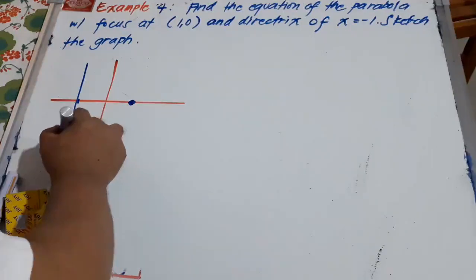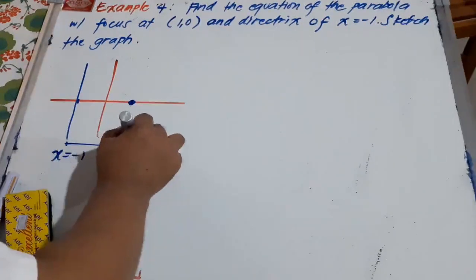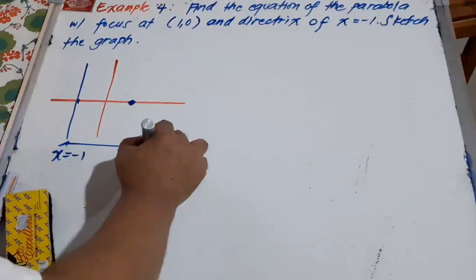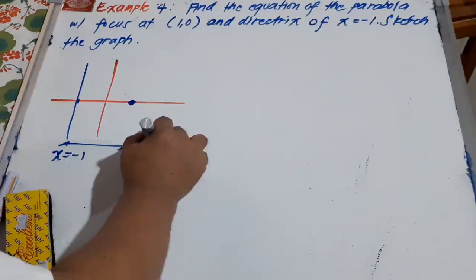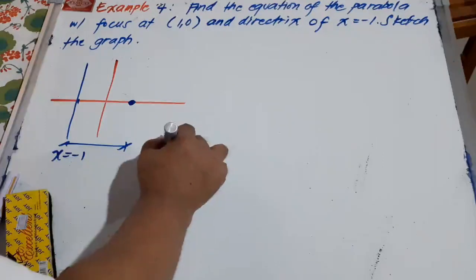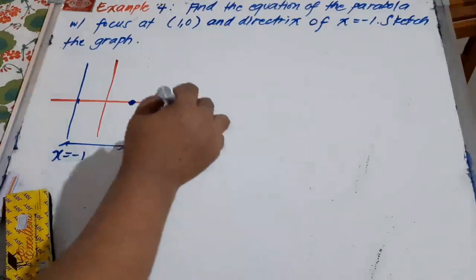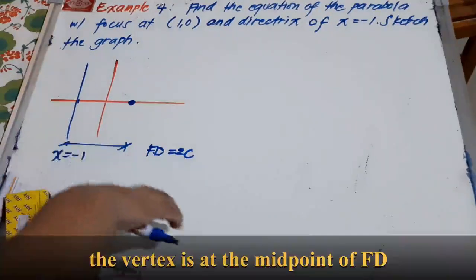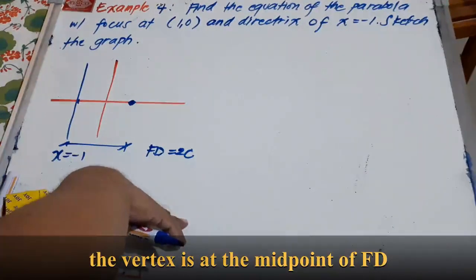So, we all know that the distance from the directrix to focus, or that is FD, is always equal to 2C. Okay? Laging 2C yan. So, sa makatuwid, ang vertex natin is located half of 2C.